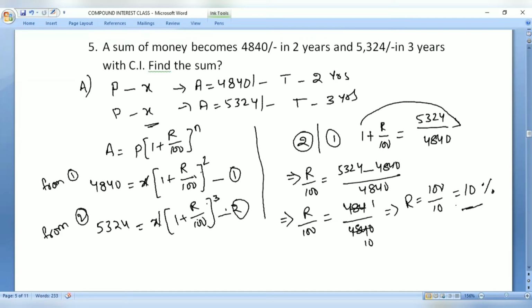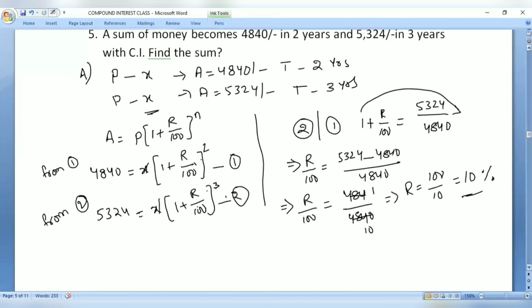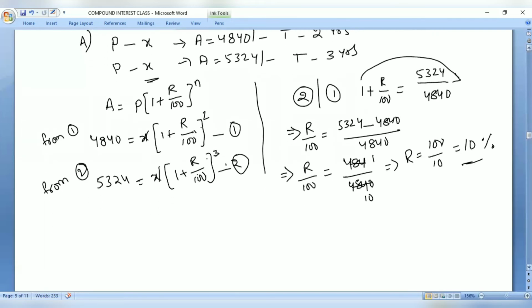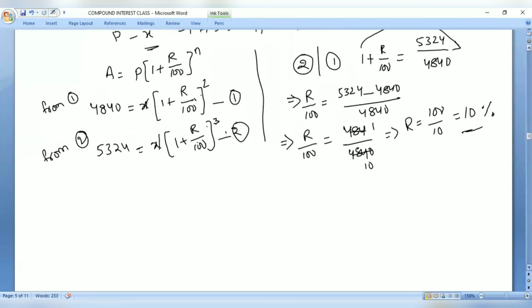Now you have calculated the rate of interest R. Now let us substitute the value in any of the given equations to find out the sum.